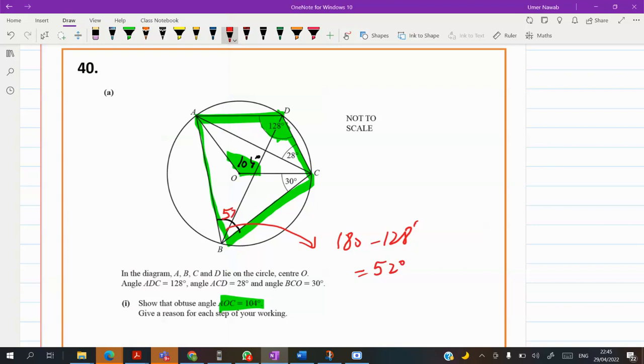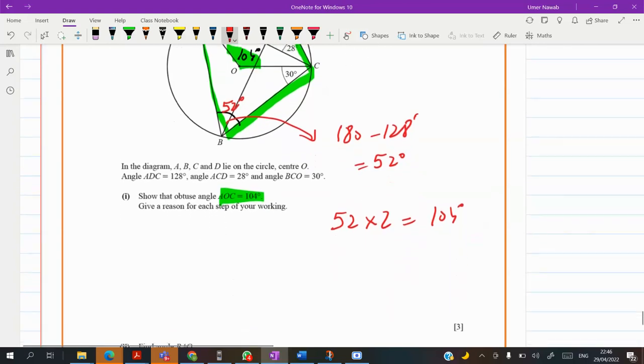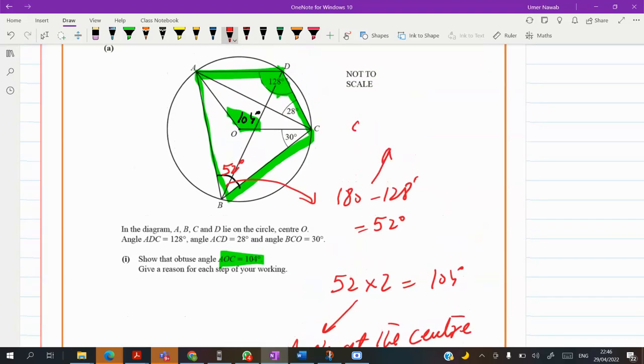So this is 52. Then take the double of that because the central angle is always double. So 52 times 2 is 104. And give a reason: the angle at the circumference, the angle at the center is double, and this is the cyclic quadrilateral property.